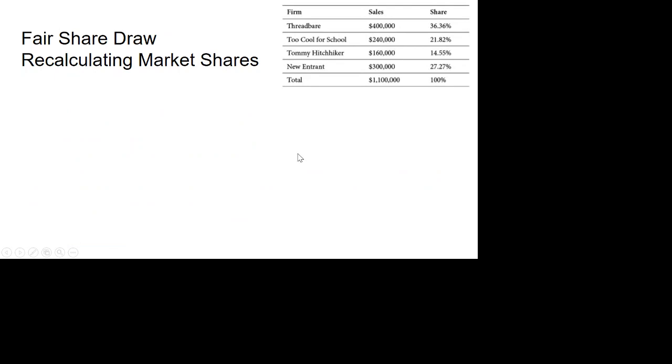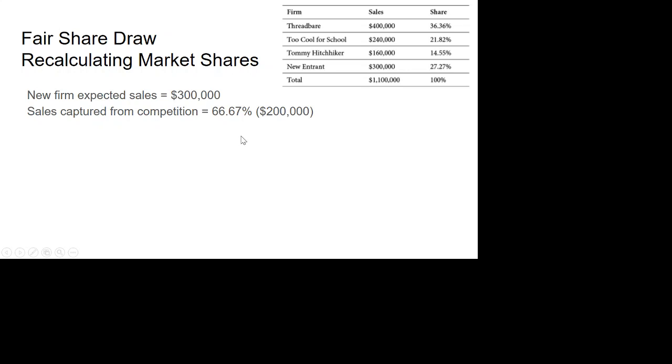Okay, now once this new entrant has entered the market, we now have new sales figures based on what they're going to make and the sales of the other companies. After you've taken sales away from them, we can recalculate market shares. So again, we're entering 300,000 in sales. We capture 200,000 from existing competitors.